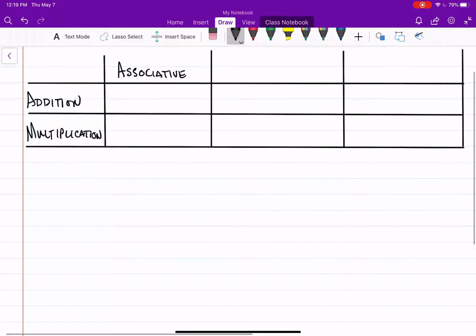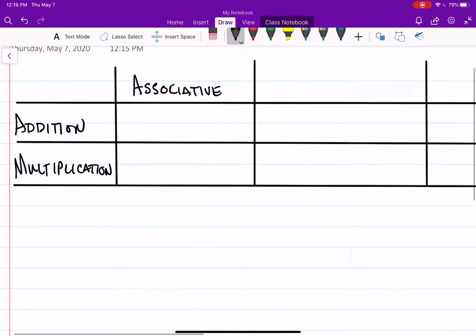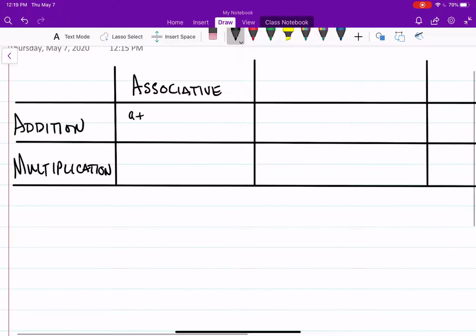For example, if I did A plus B first and then add the C, it's going to be the same if I decided, because it's easier, to wait for the A and just add the B and C first, then add the A, okay?